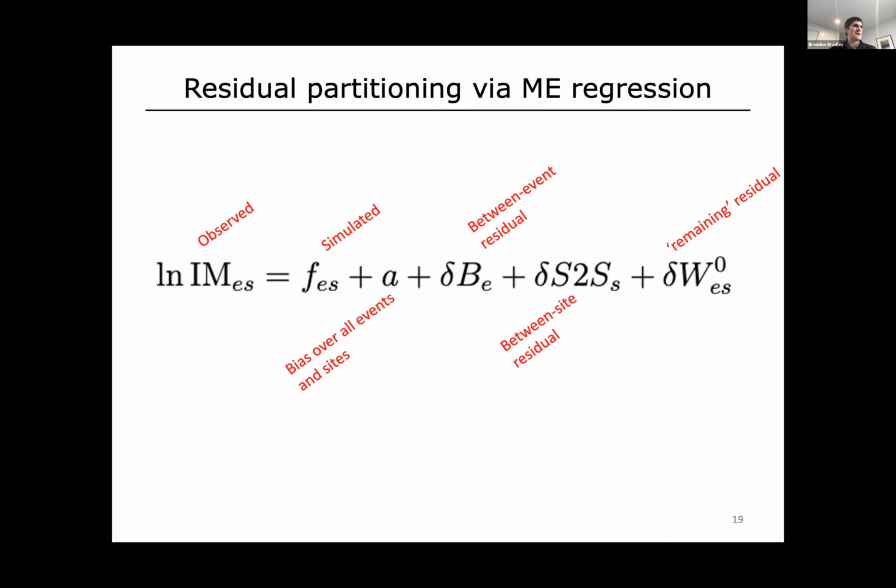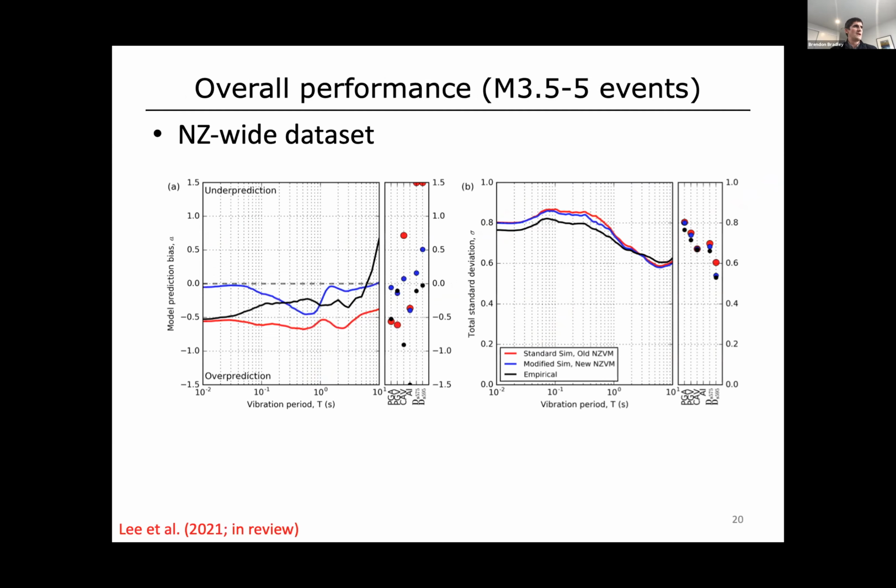So many of you will be familiar with that process as shown through this equation, where we really start to break out the total residual as the difference between observed and simulated, and then how that's partitioned into a bias across all events and sites, a term, the between event residual, which is a function of individual events, equivalent between site residual, and then a remaining residual left over after all those terms are removed.